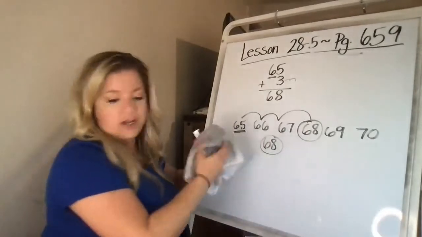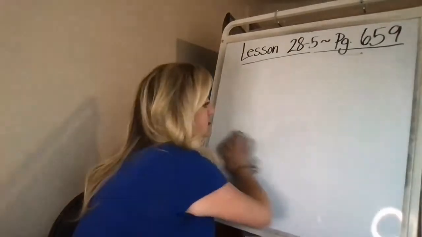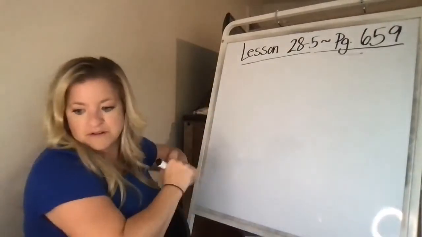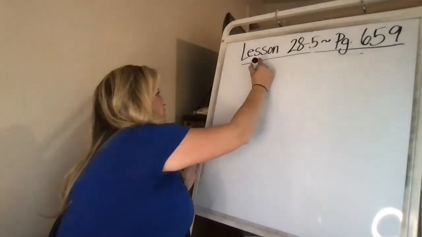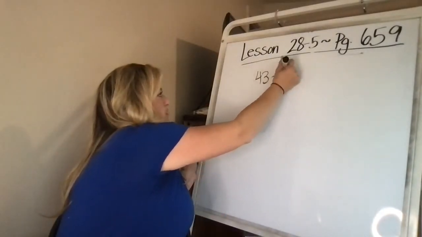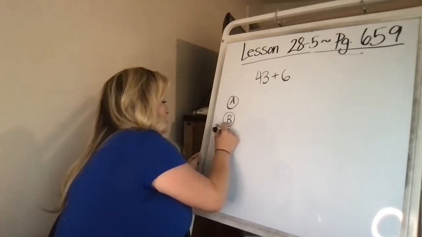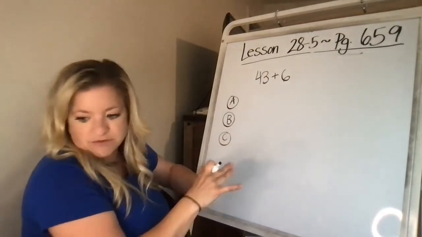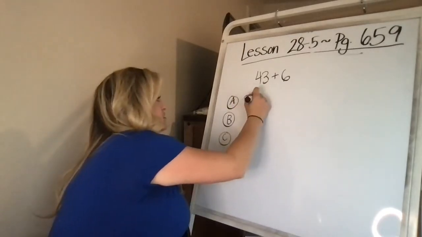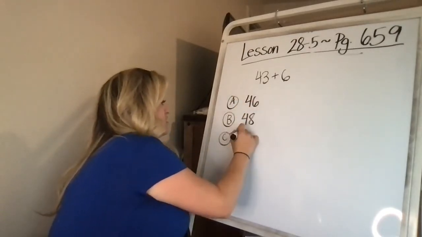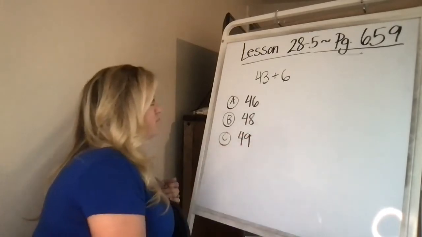Number 5, 43 plus 6. Awesome. So I have 43 plus 6 in letter A, letter B, letter C. A is 46, 48, and 49.